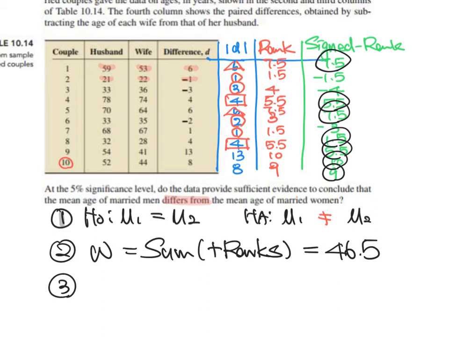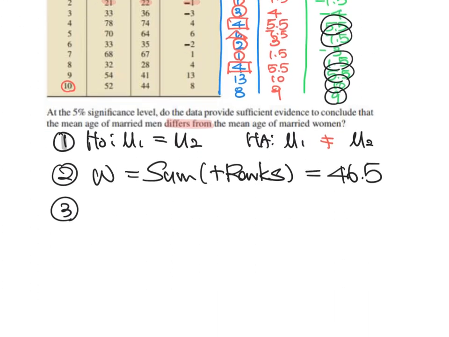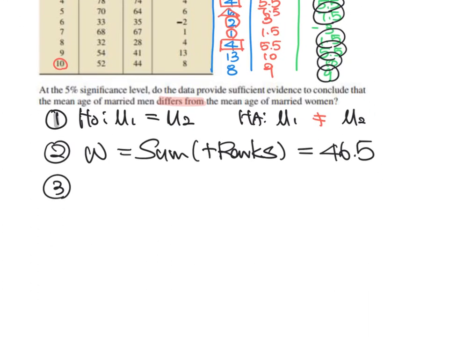The distribution will be symmetrical. I can take the distribution for the test statistic W from 0 up to the maximum sum of the ranks, which is 10 times 11 over 2, that is 55.